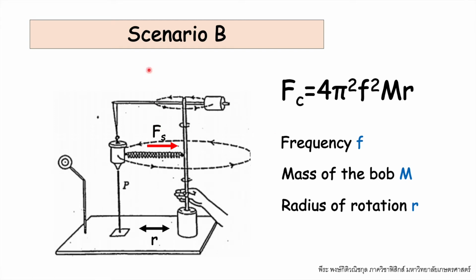Next, we consider scenario B. We take the mass with lowercase letter m out and use our hand to spin the pole.